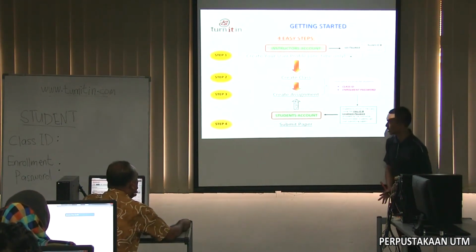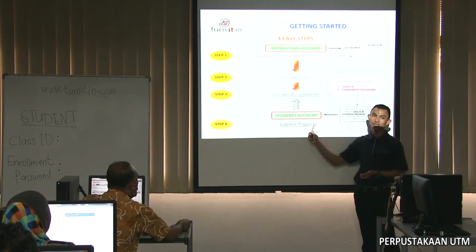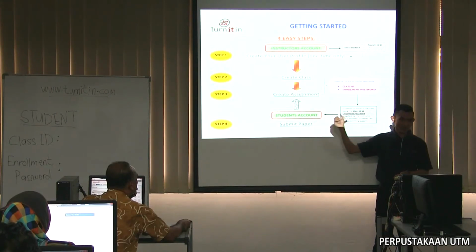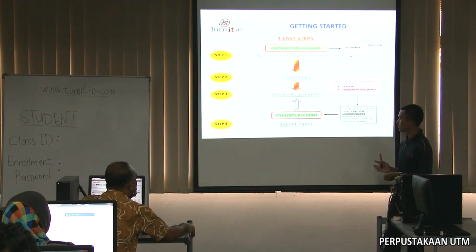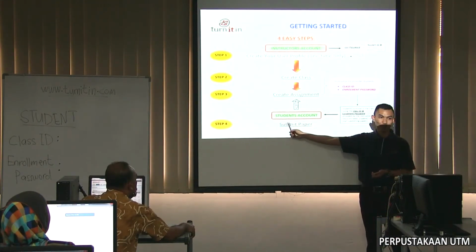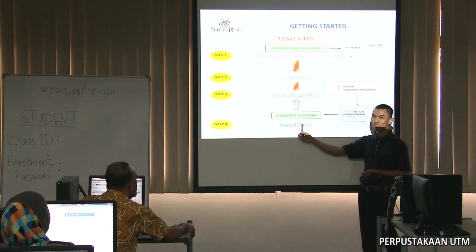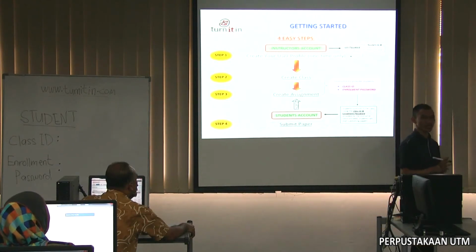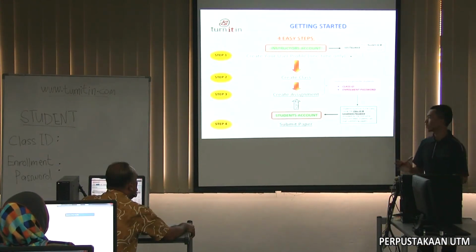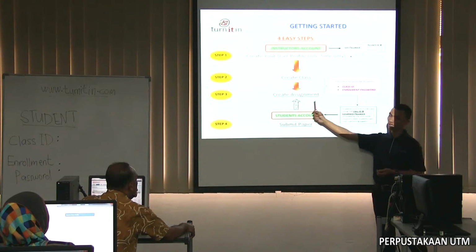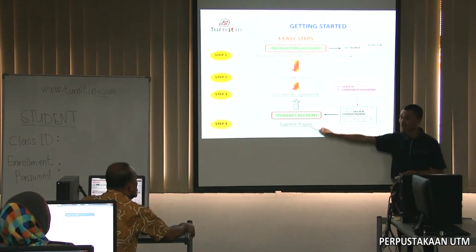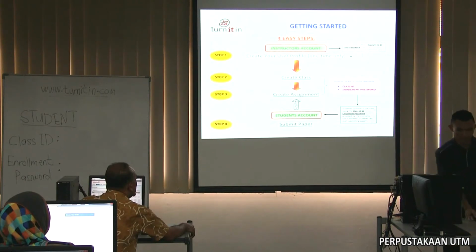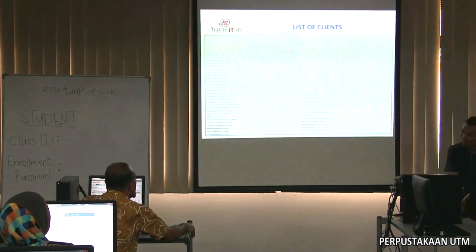So that your students can enroll under your class and start submitting papers. The role of the lecturer is to create a class and create an assignment. The role of students is to submit papers. But in order for students to submit papers, they have to enroll under your class. So they will need the class ID and enrollment password. I will cover all the steps during the hands-on training.